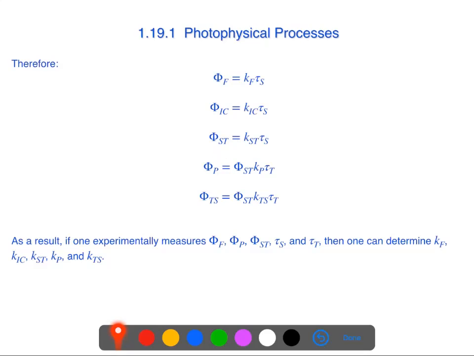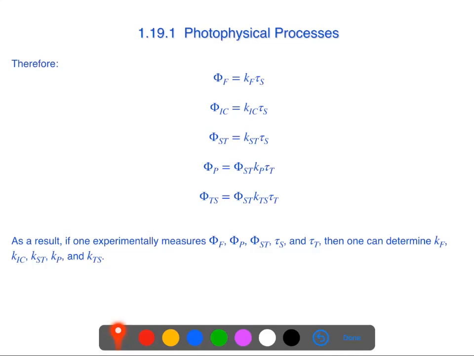And as we saw previously, we can also determine the quantum yields for phosphorescence and triplet-singlet intersystem crossing by multiplying the intersystem crossing quantum yield phi ST and then the product of Kp times the triplet lifetime and Kts times the triplet lifetime.